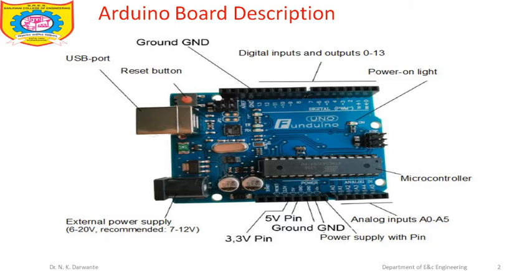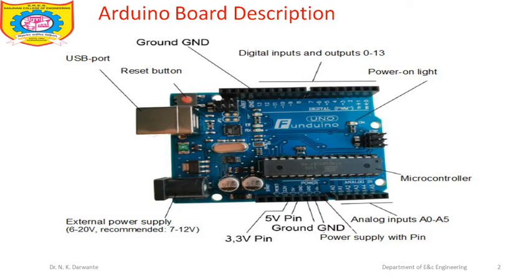Now here you can see the Arduino board description. This is the image of our Arduino board, and here you can see the different board components like a USB port, reset button, ground, digital input output pins ranging from 0 to 13. Total 14 pins are there. Then power on light, then the heart of this Arduino board is the microcontroller.